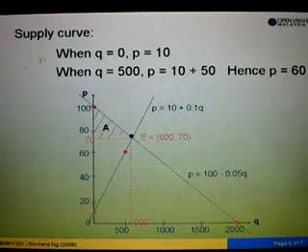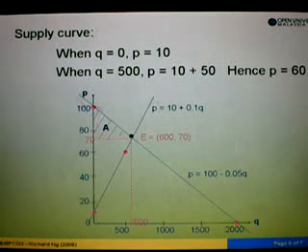With the intersection points that we have found, we will plot the demand and supply curves. We have the demand curve, which is 100 minus 0.05Q, and then the supply curve. We join the points that we have obtained just now.